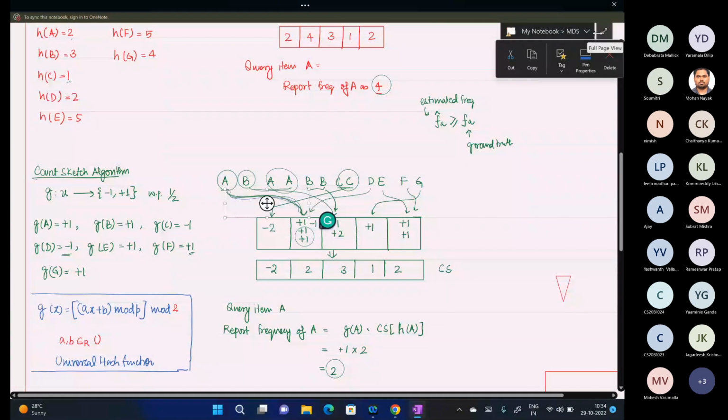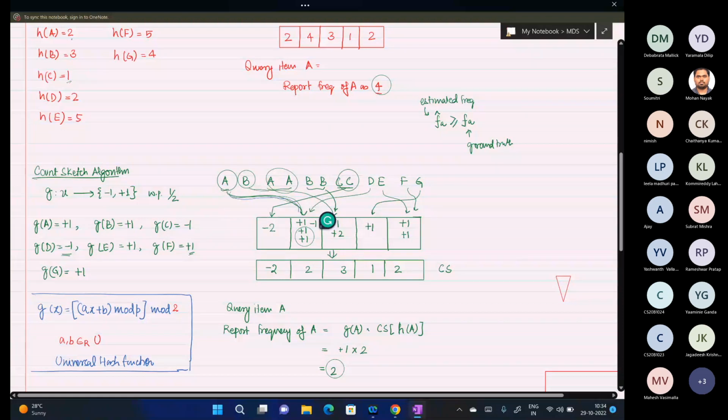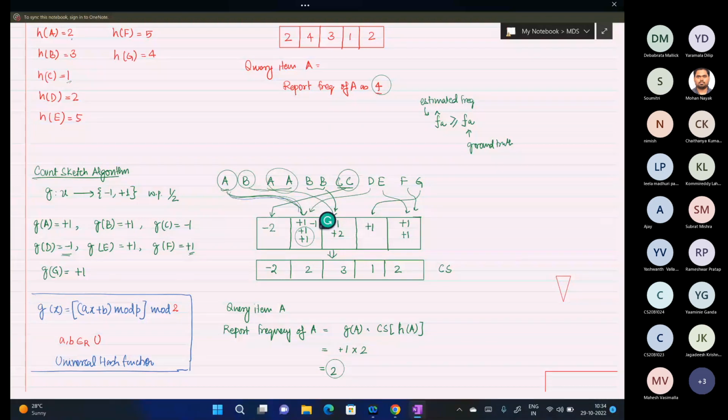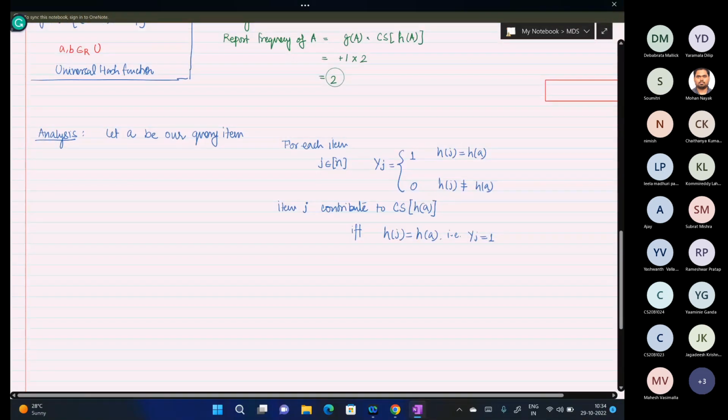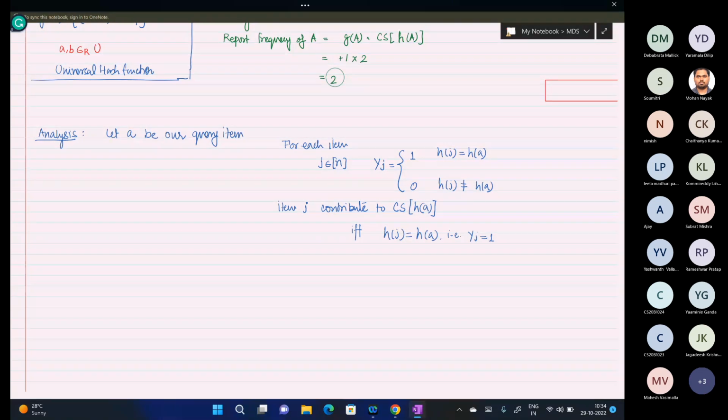So basically h of D is also 2. So D will make some changes in the bin in which A has been mapped. So that's what I'm writing over here, right? If h of j is equal to h of A, then that item j will contribute to the same bin in which our query item has been mapped.